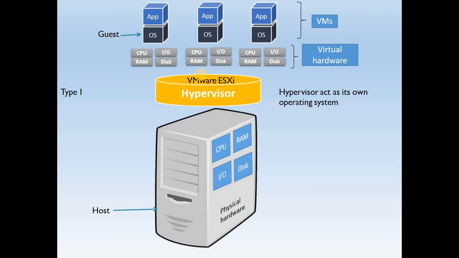Now the next important question comes over here. This guest operating system is already based on a hypervisor. So hypervisor itself acts as an independent operating system. On top of this, you are going to install your guest operating system. That means the virtualization environment has already been created. So the operating system that has been installed in the form of guest operating system, now it doesn't have its physical hardware directly actually.